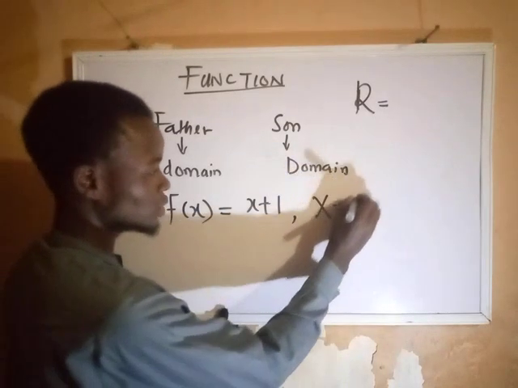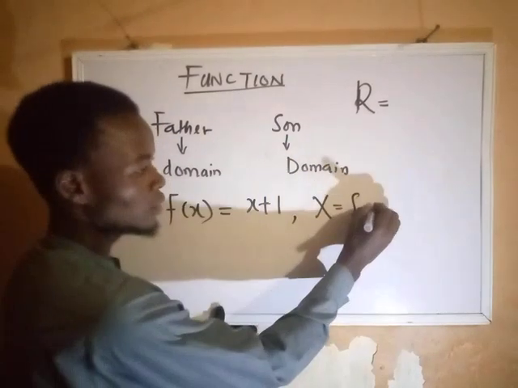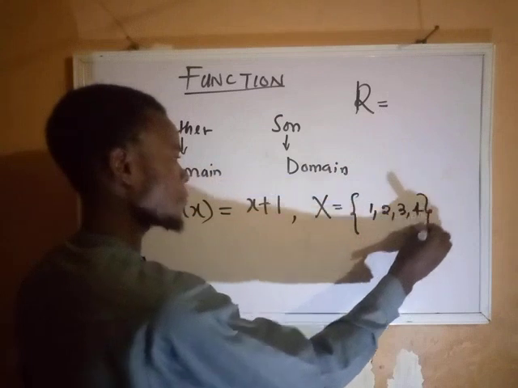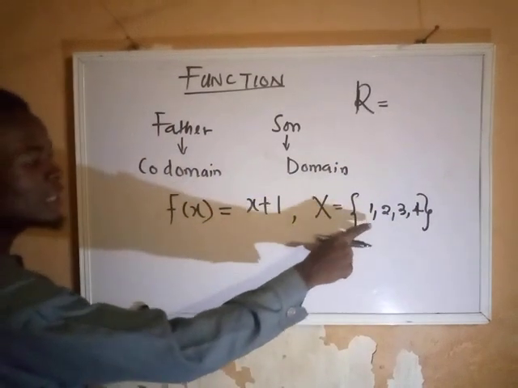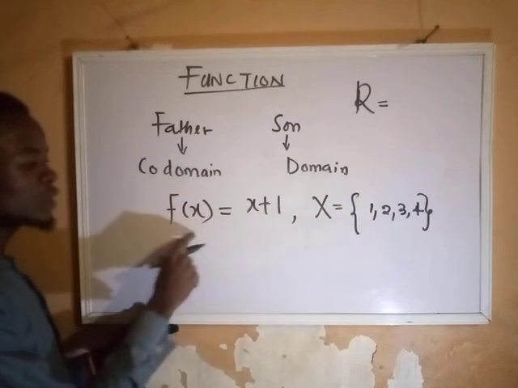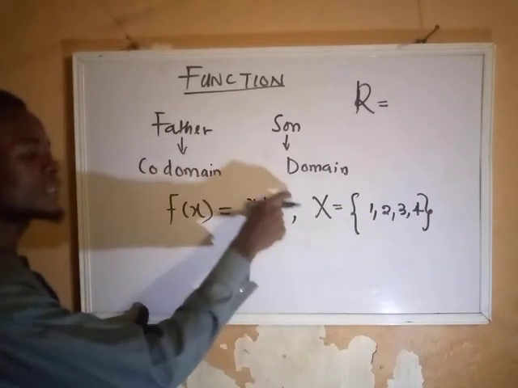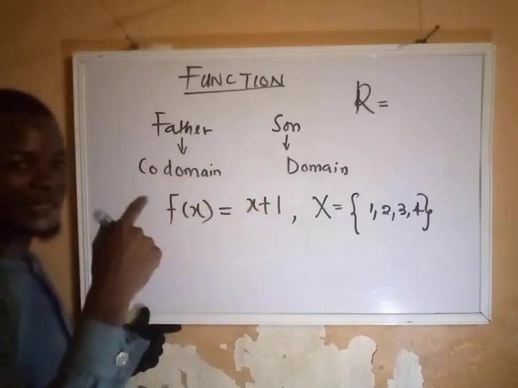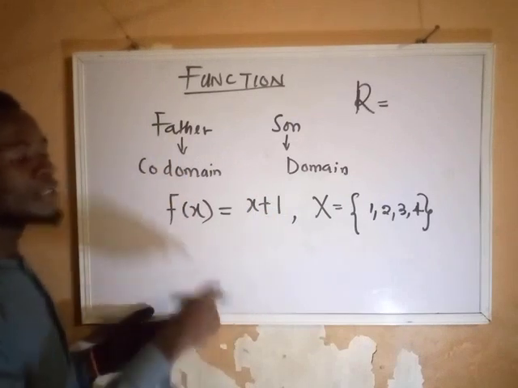Suppose I sample just 4 elements, 1, 2, 3, and 4. By taking each of these elements and inserting it into this particular function, in accordance with x plus 1, we are going to get the values of the codomain, which is the father.